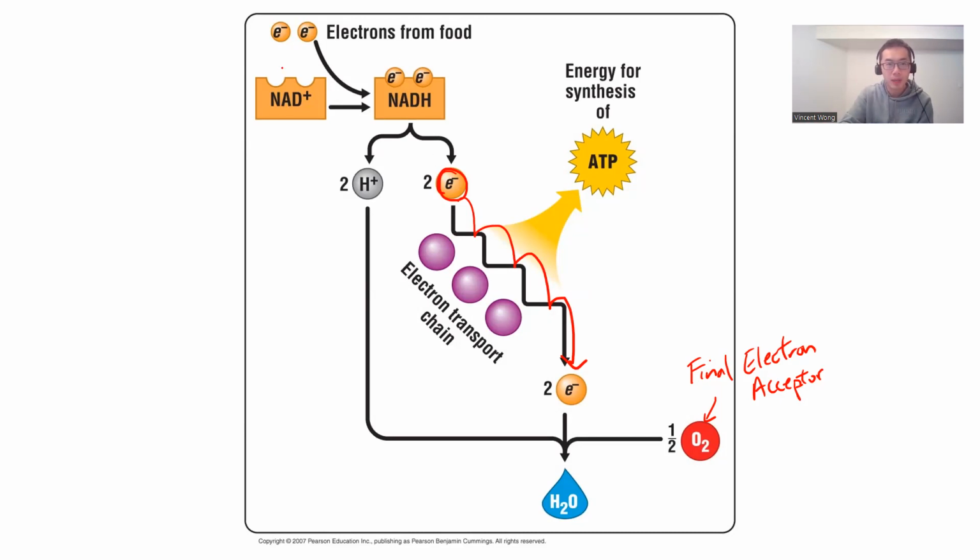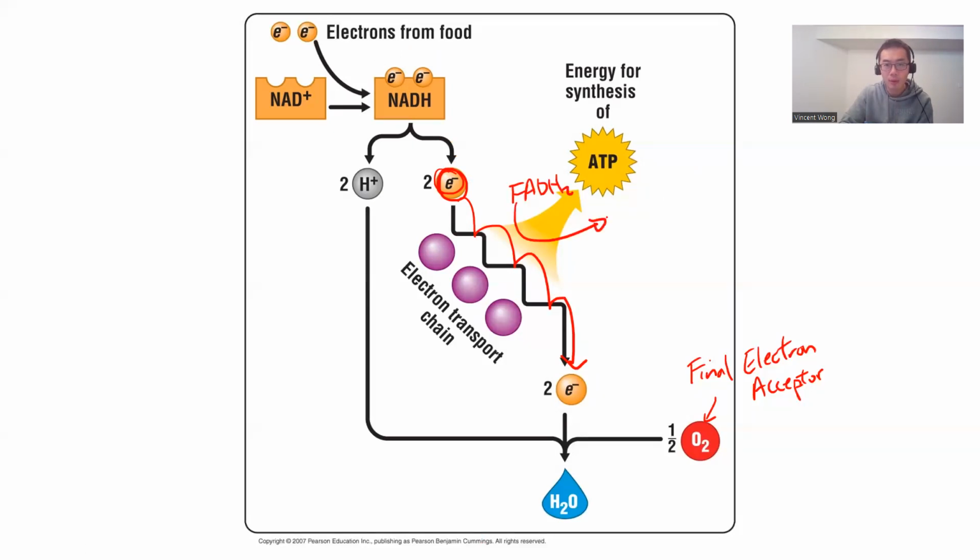But it begins with the NADH dropping off the electron. Right? The NAD plus picks it up from the first 3 stages, and then the NADH will drop it off. Now, what's missing in this picture is FADH2.